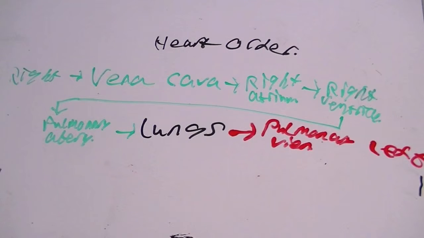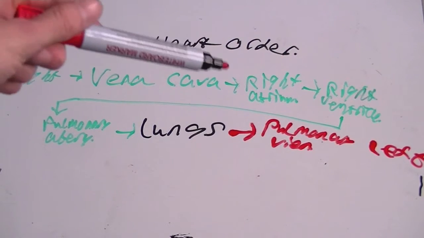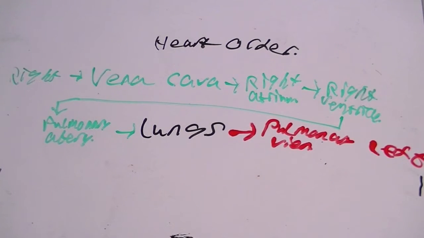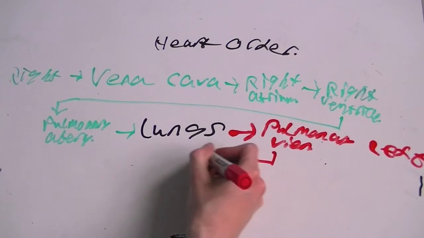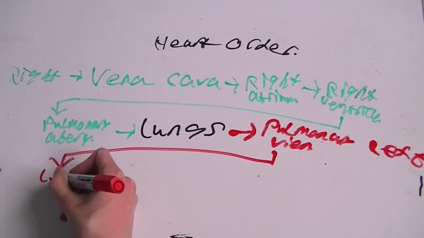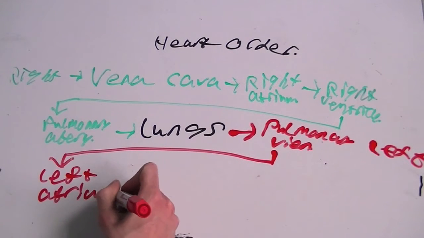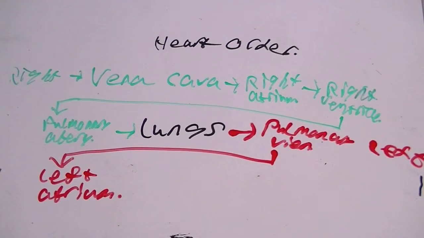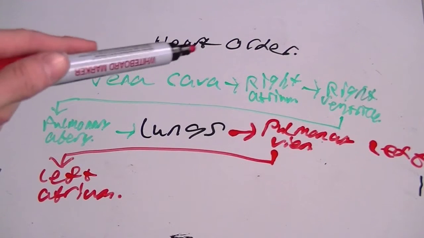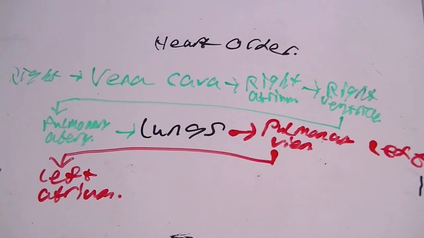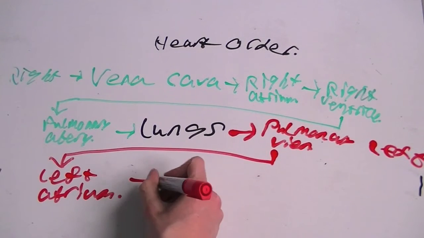So, after it has entered the pulmonary vein, again, remember, we start with the atrium, so it will then go into the left atrium this time. And the left atrium will do just the same as the right atrium did. It will contract and it will push blood into the left ventricle.